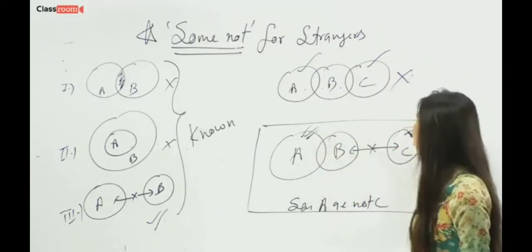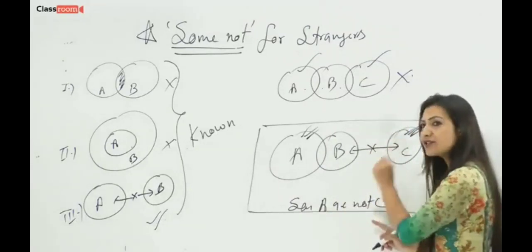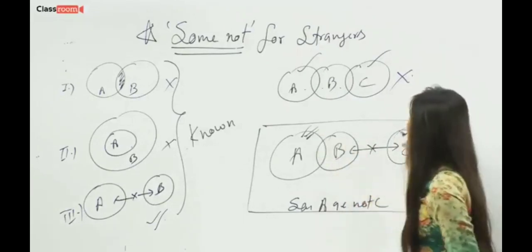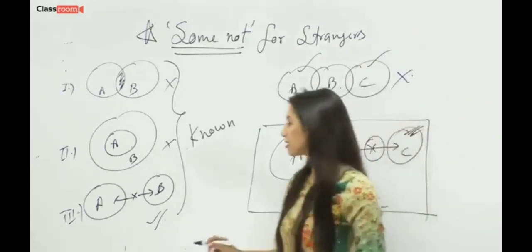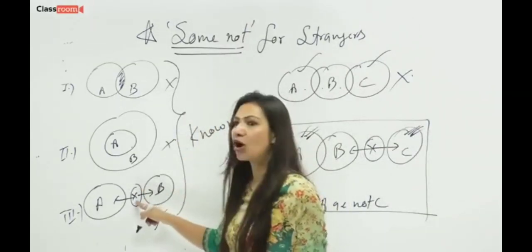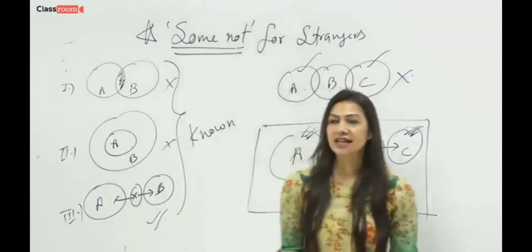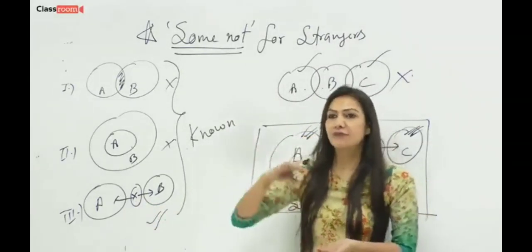But let's talk about this one. Here A and C are strangers, but "some A are not C" I will check, because between A and C there is a cross existing. So there is one more learning, students: in known circles also Some Not was correct because of this cross. Some Not is not always correct; we have to check the conditions.